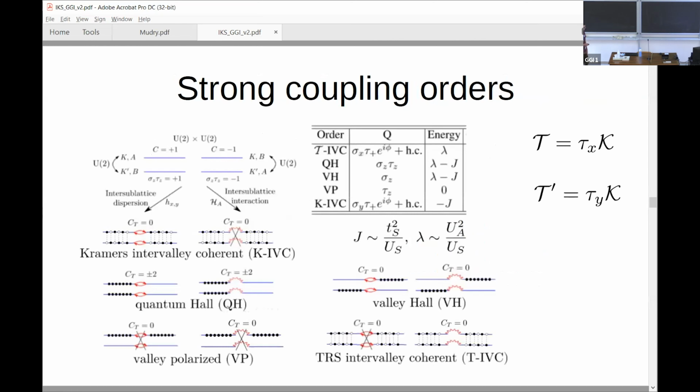Okay, and so here are the strong coupling order generalized ferromagnets that I've mentioned before. I apologize in advance, this slide is a little bit busy, but I promise you this is the most complicated it's going to get. And I'll just take you through these different orders one by one.